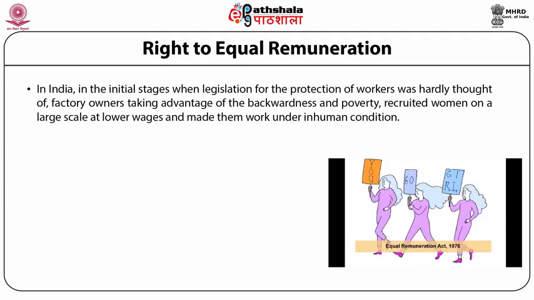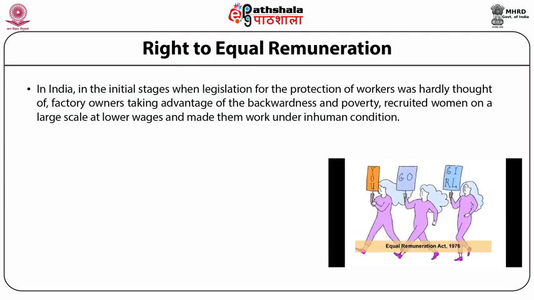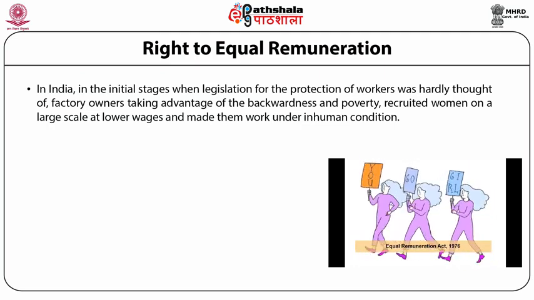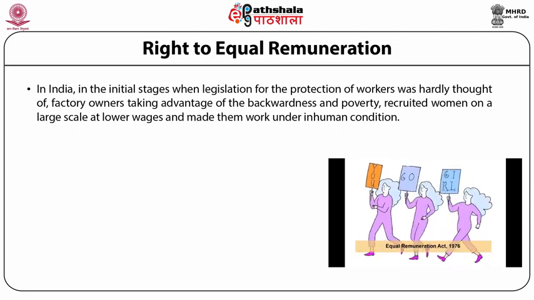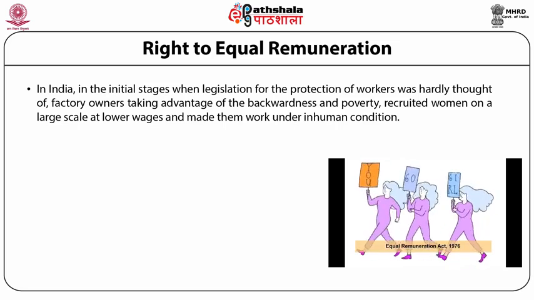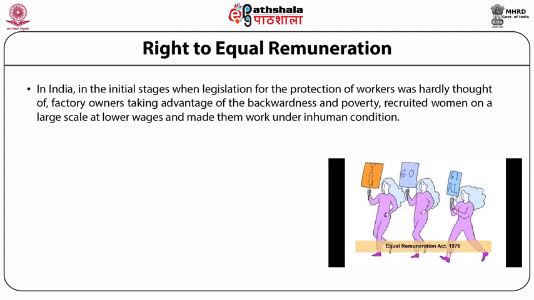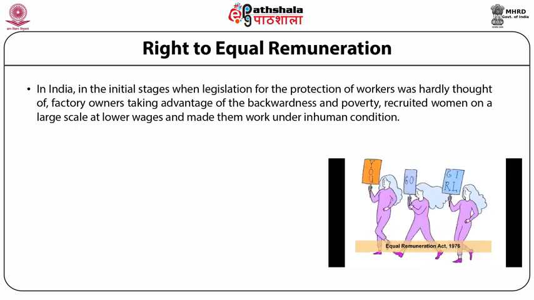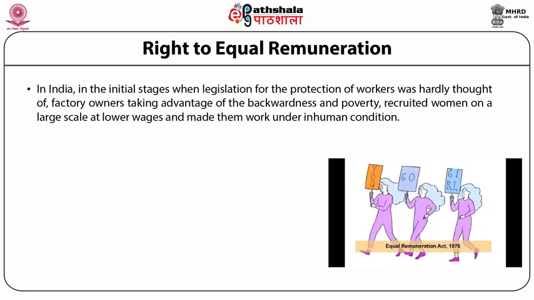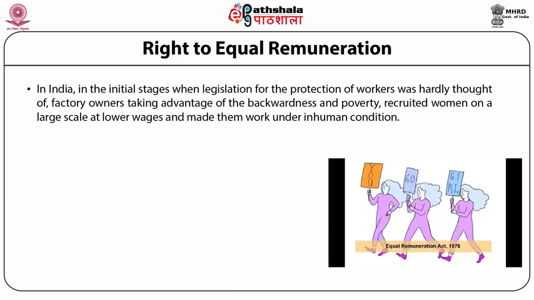In India, in the initial stages, when legislation for the protection of workers was hardly thought of, factory owners, taking advantage of the backwardness and poverty, recruited women on a large scale at lower wages and made them work under inhuman conditions.